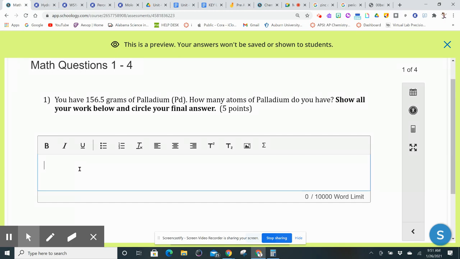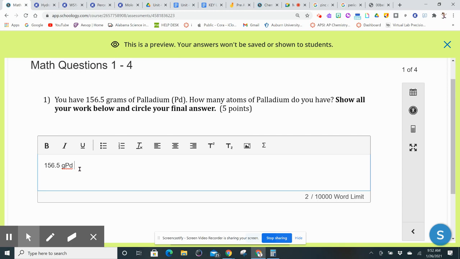Whenever you're doing these problems, what does the problem tell you? What is the number in this problem? 156.5, and give me the unit that goes with it. Grams of Pd, palladium. Okay.